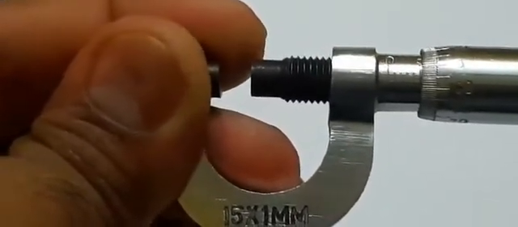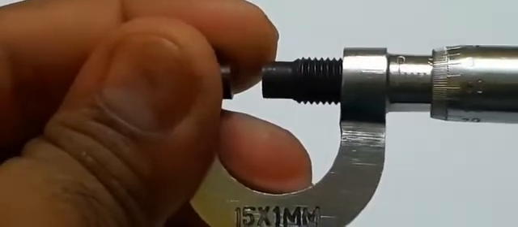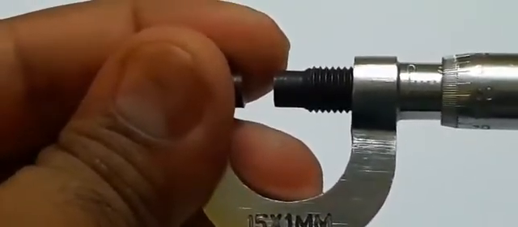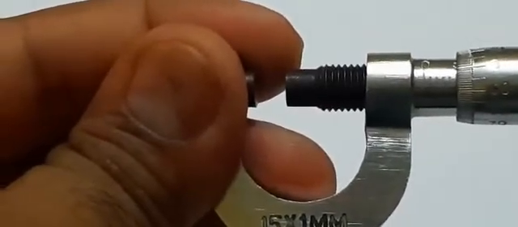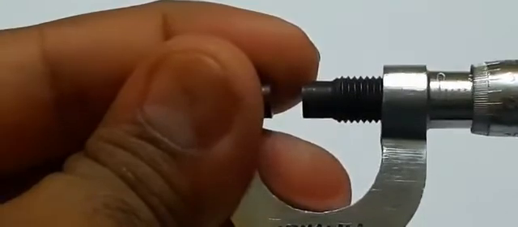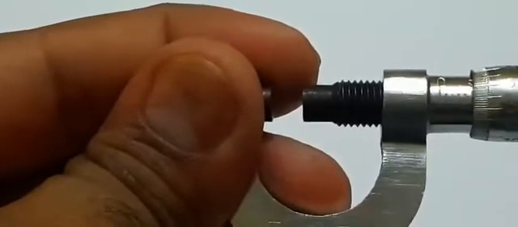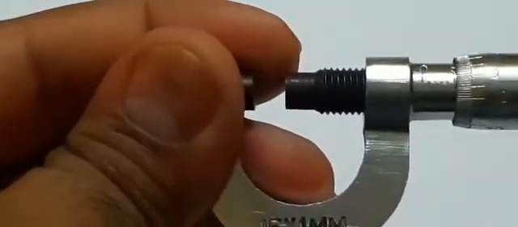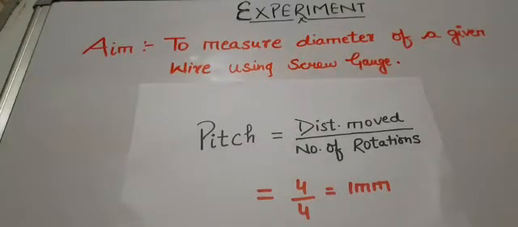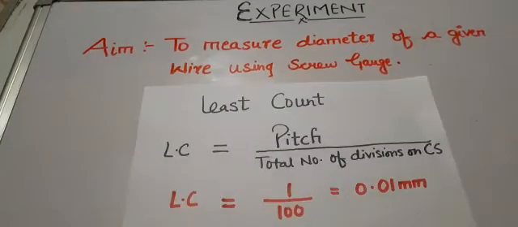So least count is equal to pitch upon total number of divisions on the circular scale. Our pitch is 1, total number of divisions on the circular scale is 100. So least count of the screw gauge is 1 upon 100, which gives you 0.01 millimeter. Pitch is equal to 1 millimeter. Least count is equal to pitch upon total number of divisions on the circular scale.